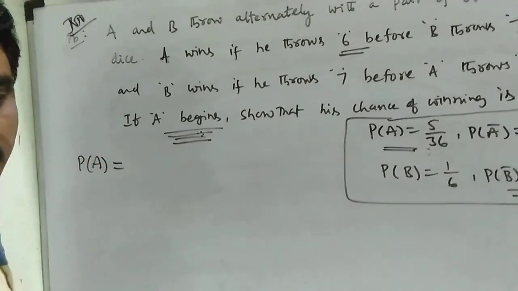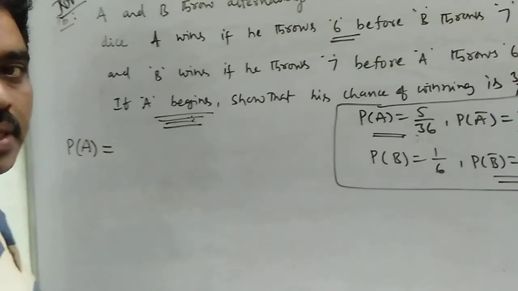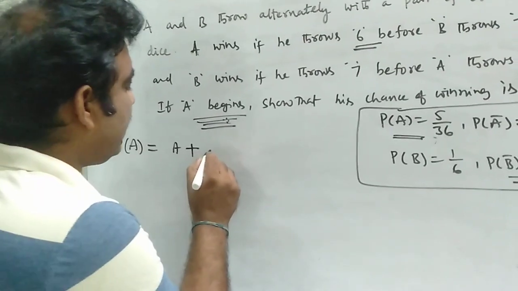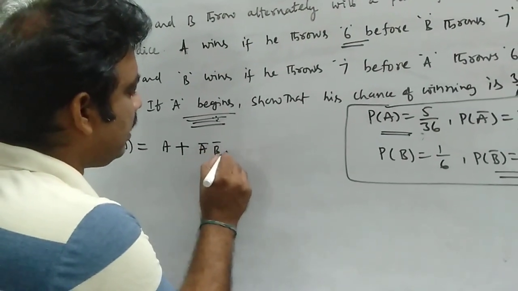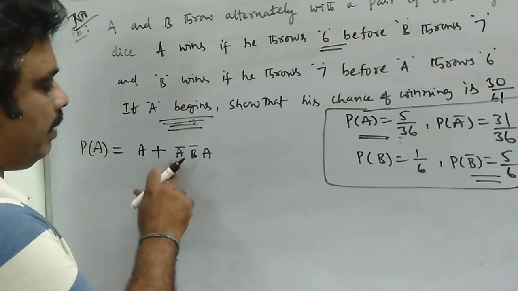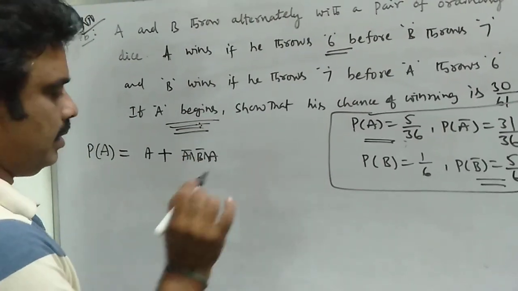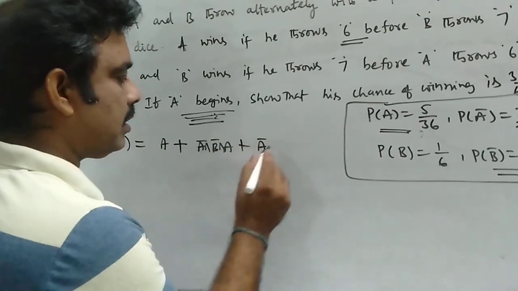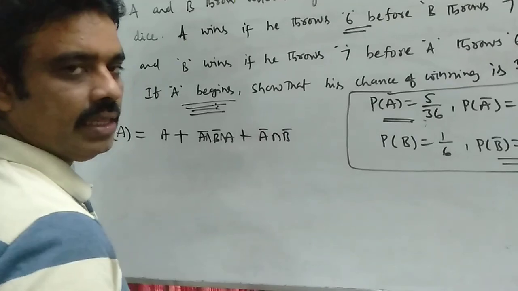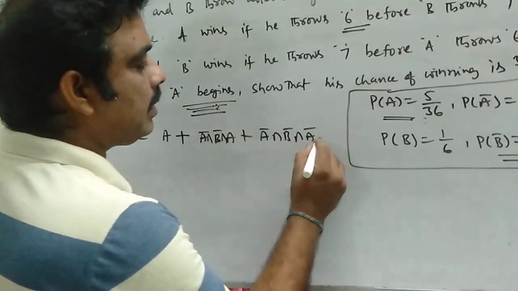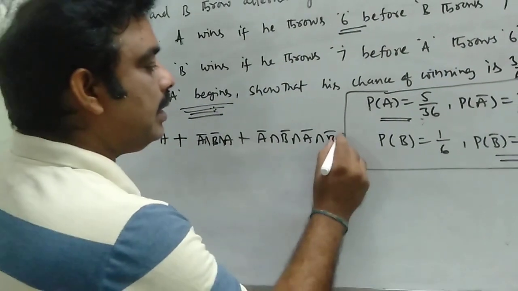In simple words, A has to win the game, that is our requirement, and given that A begins the game, in the first trial he has to win. Otherwise A not winning, B not winning, then A has to win. The first case is A itself. In the second case, A bar intersection B bar intersection A. For understanding purposes I am telling you. In the third case, A should not throw 6 in the first case, B should not throw 7 in the second case, then again A should not throw 6 and B should not throw 7, then A has to throw 6.